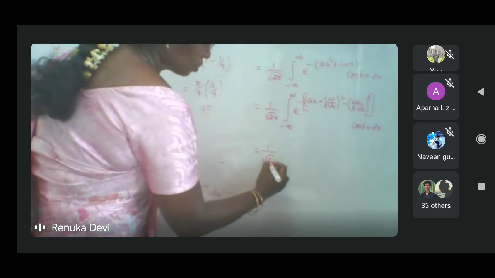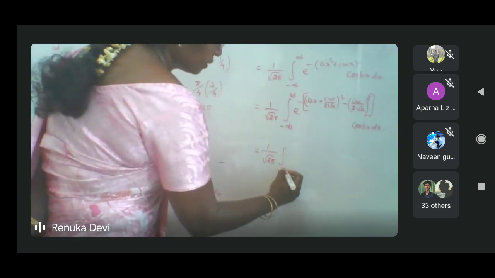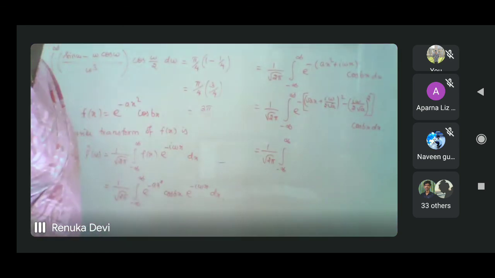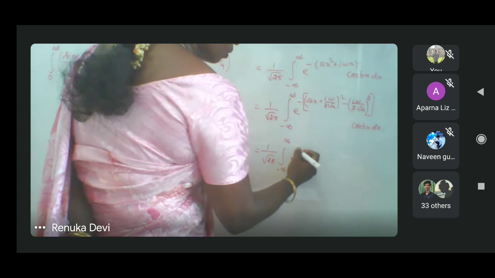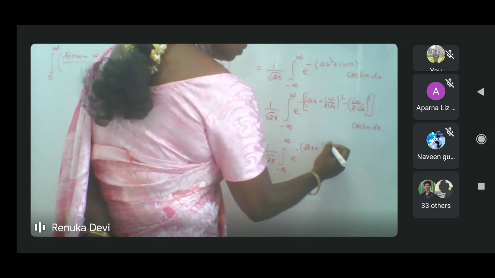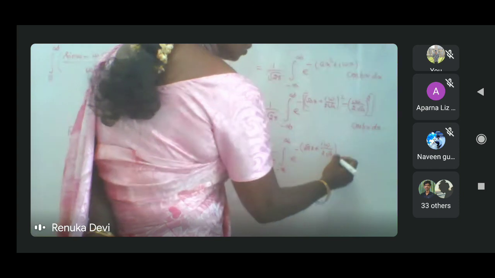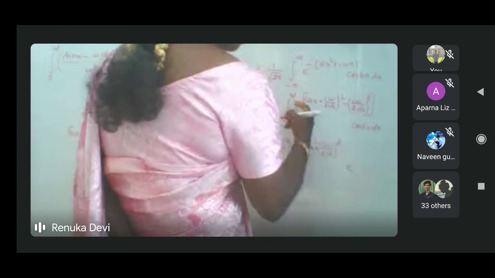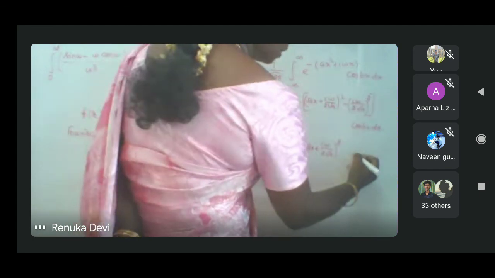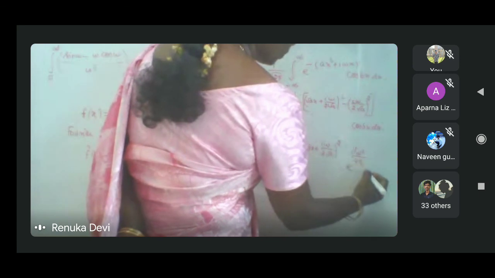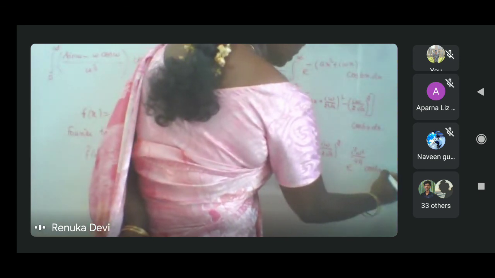So 1 by root 2 pi, integral from minus infinity to plus infinity of e raised to minus (root a x plus i w by 2 root a) the whole square, into e raised to minus of minus, that is i square w square by 4a, into cos bx dx.